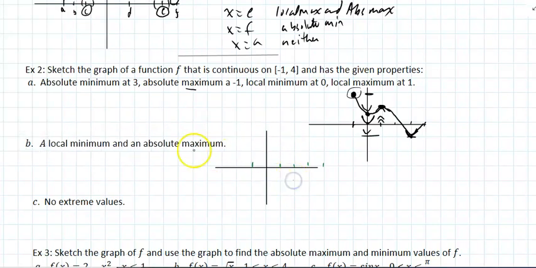A local minimum and an absolute maximum. So minimum, I could say that's a minimum right there. Absolute maximum, that's easy. Just continue on. So minimum looks like this, if I make this just a curve running this way.